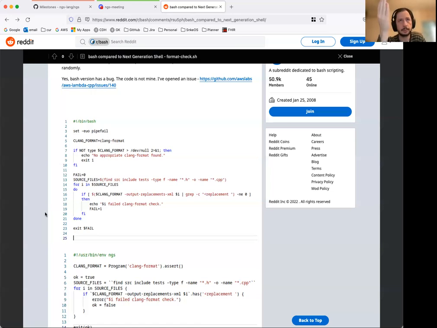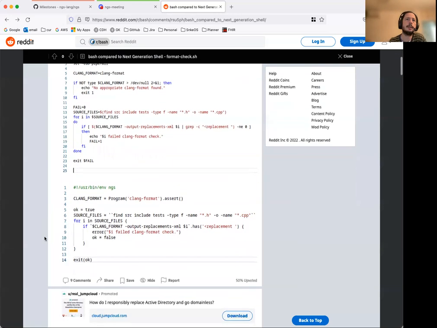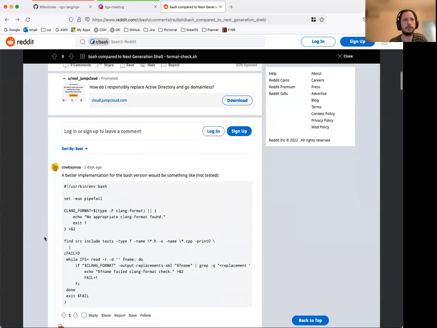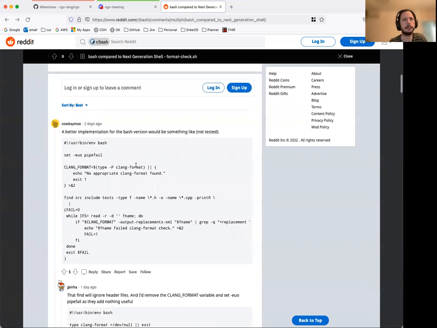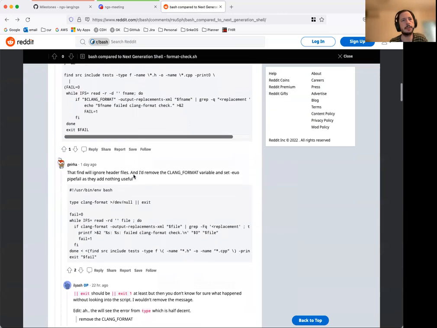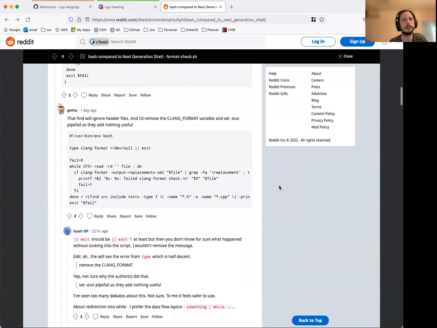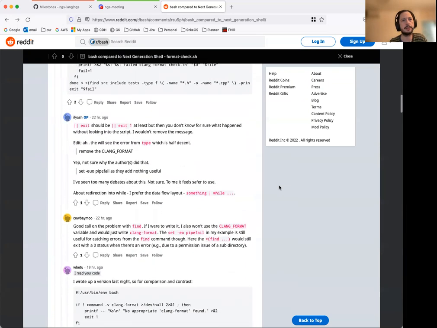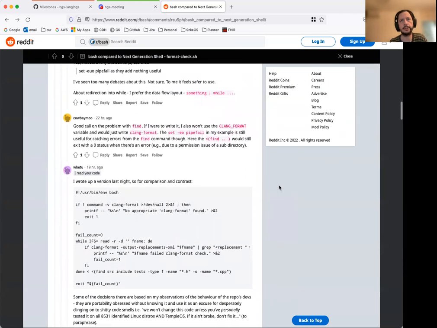It's from AWS. The code from AWS is usually not the best, but it's okay-ish. Then they go and try to improve the script in Bash. Okay, let's do this instead, let's do that instead, and none of this conversation is actually about how it compares to NGS.